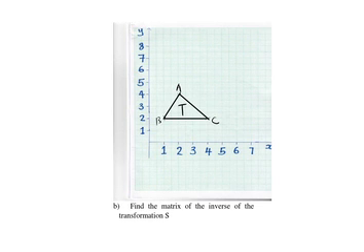Now we draw the image, which is T prime, and we have A prime as 6, 2, that is A prime, B prime 3, 1, and C prime 6, 1.